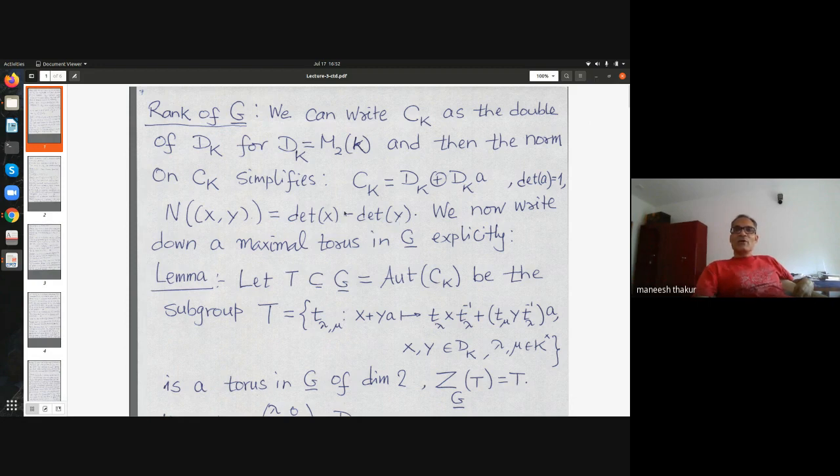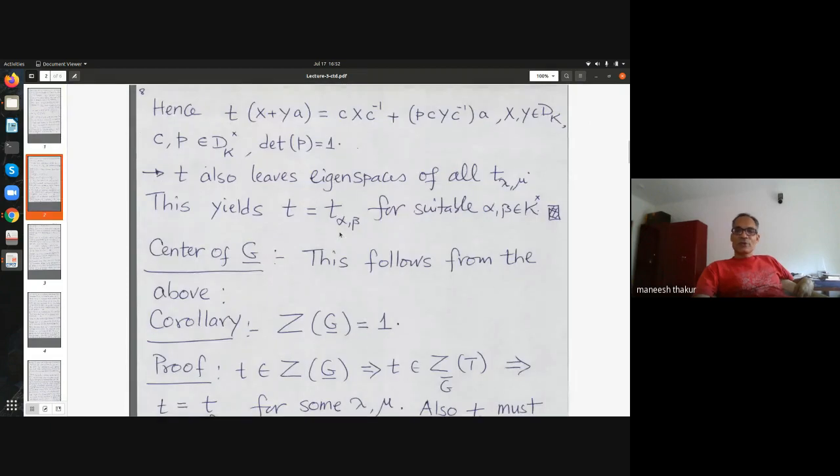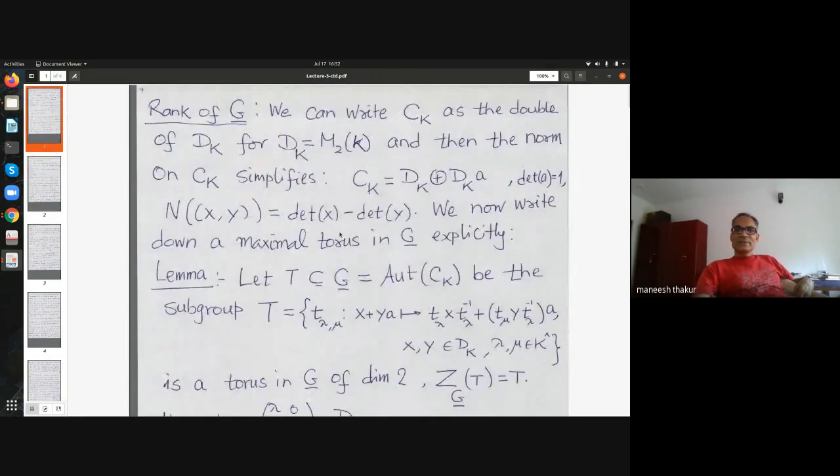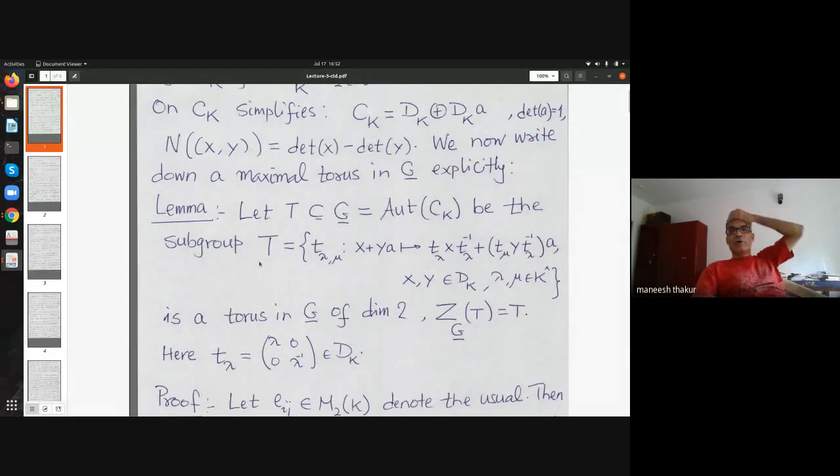So we can write down explicitly a maximal torus here as follows. Define for any lambda, you fix lambda and mu, two scalars.